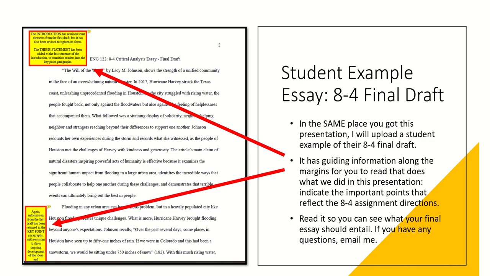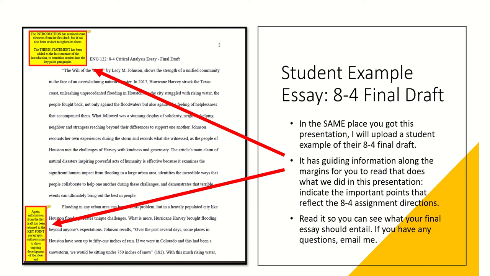Now in the same place that you got this presentation, I'm going to be uploading a student example of the A4 final draft, in which I have gone through and included key guiding evidence that shows what your final essay should look like, and they're in yellow comments along the student draft.